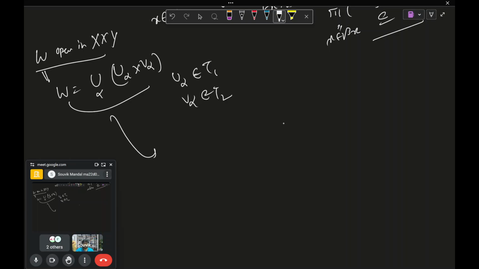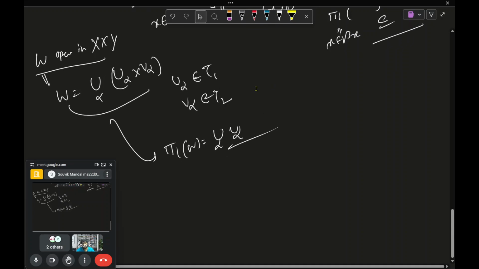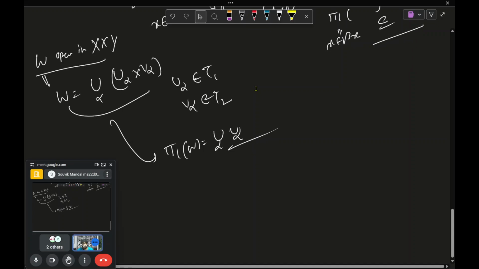Its projection is the union of U alpha. Yes, it's simply the union of U alpha. This is a decent, elegant and very neat way to understand it.